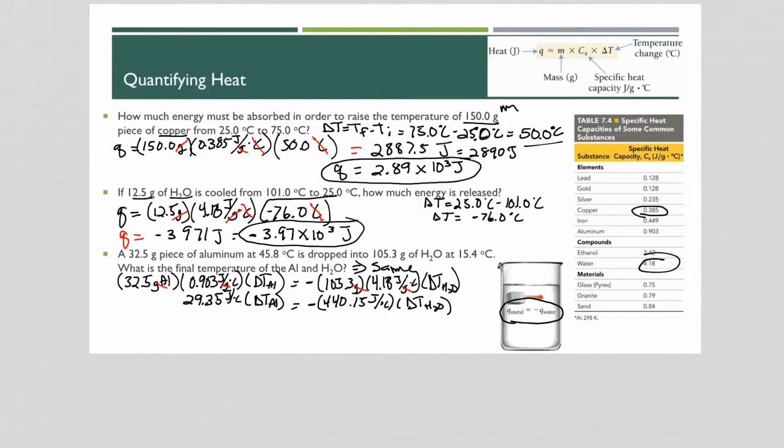So the delta T of aluminum equals negative 440.15 joules per degrees Celsius times delta T of the water, divided by 29.35 joules per degrees Celsius.